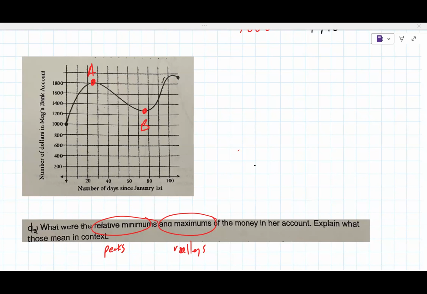The valley is a low area and the peak is the top area. Out of A and B, which is the peak and which is the valley?